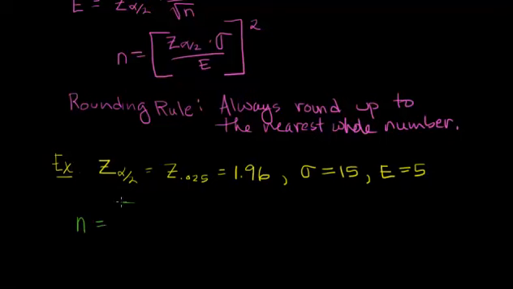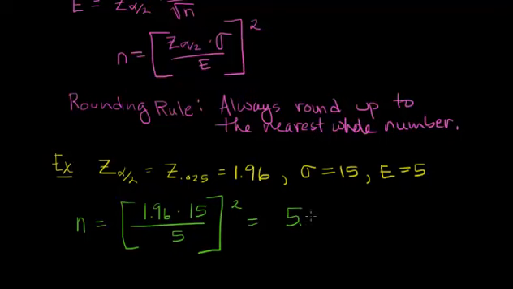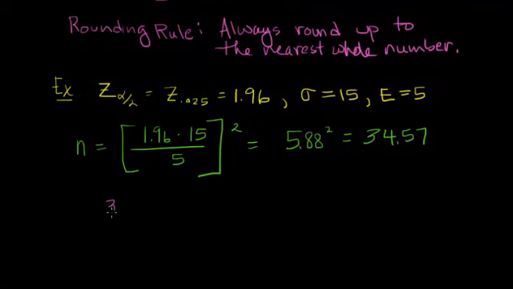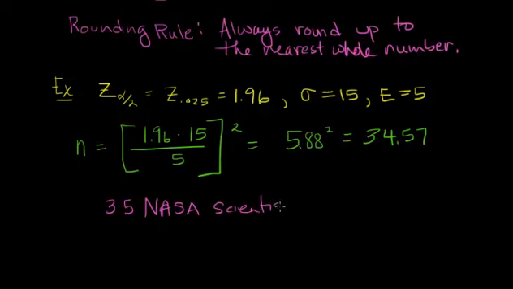Okay, let's plug in what we know then. So n is equal to 1.96 times 15 over 5, this entire quantity squared. So we get 5.88 squared, which is 34.57, and we would then say that 35 NASA scientists should be included in the sample.